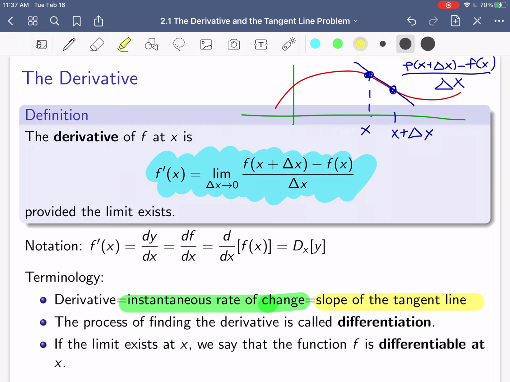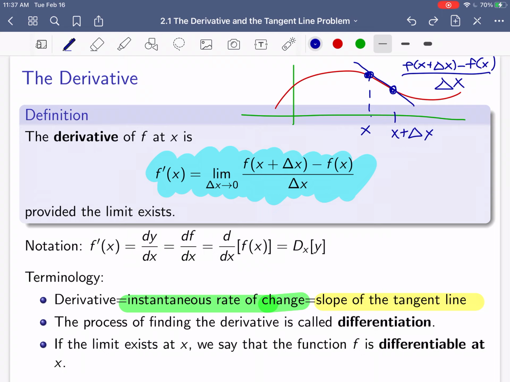When we look at our derivative, we have lots and lots of different notations. So one of the notations that we have here is f prime of x, right? So that apostrophe, that's our Newton notation for the derivative. We have Leibniz notation, dy dx, the derivative of y with respect to x.